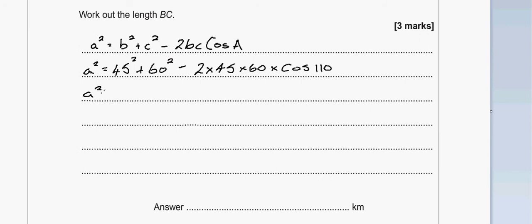So a squared equals, so you go to your calculator, 45 squared is 2025.